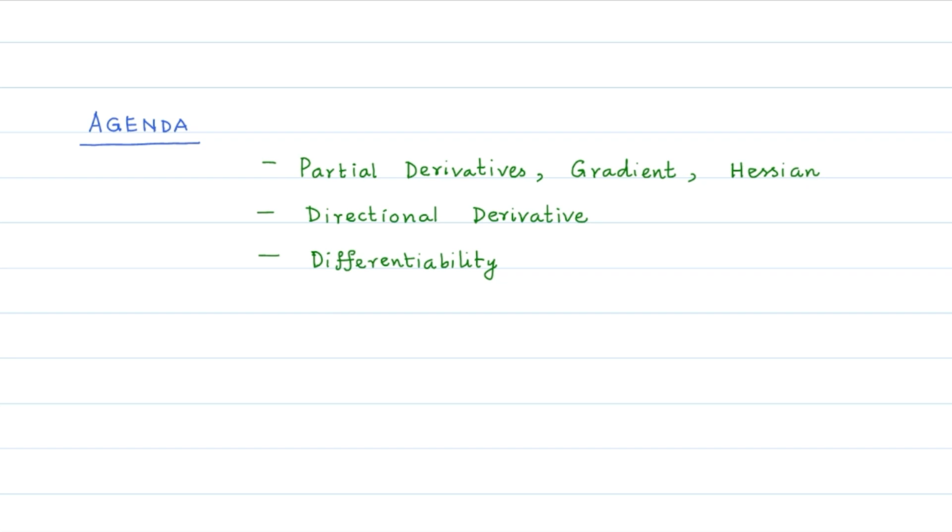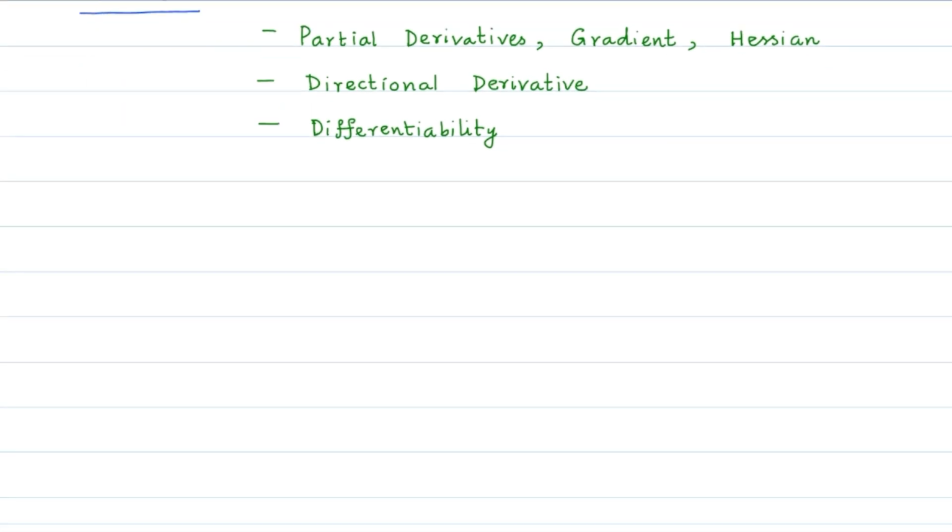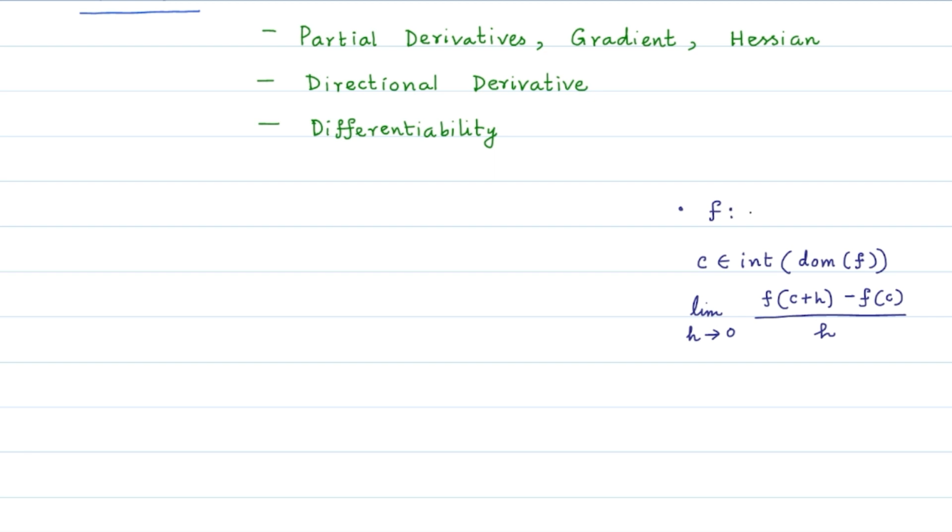For a function of one variable, we all know the definition of the derivative of the function at a given point, say c, in the interior of the domain of definition of the function, which is defined by the existence of the limit as h tends to 0 of the quotient (f(c+h) - f(c))/h. If this limit exists, then we call the limit value the derivative of the function f at the point c, usually denoted by f'(c) or df/dx at x = c, or simply df at the point c.